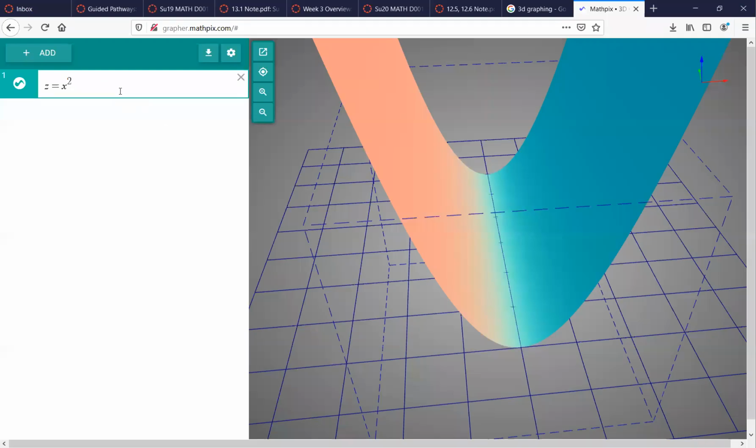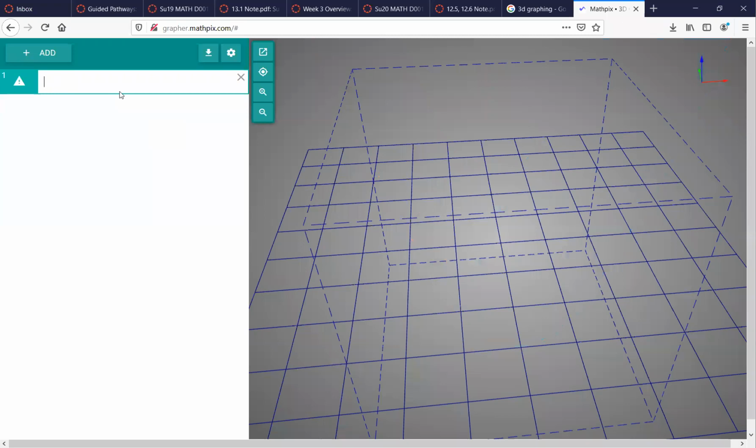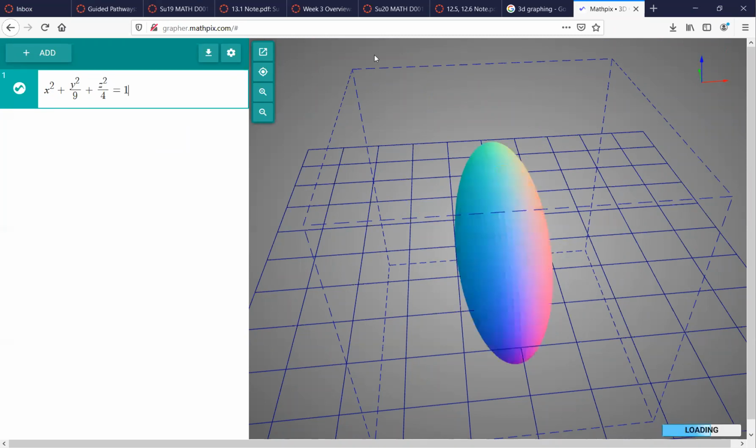Take a look at the second equation. Here you have x squared plus y squared over 9 plus z squared over 4 equals 1.